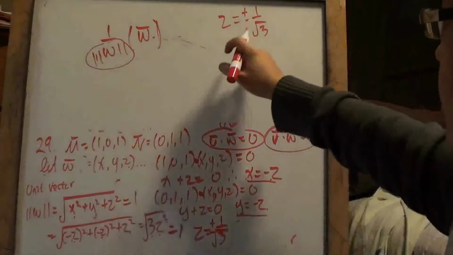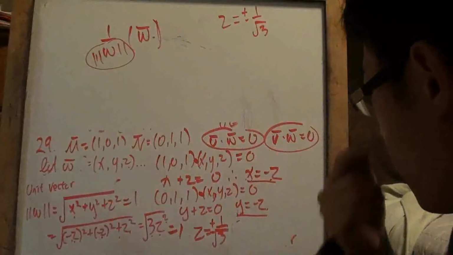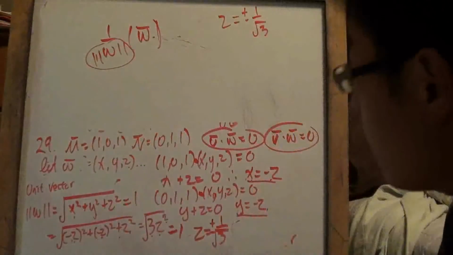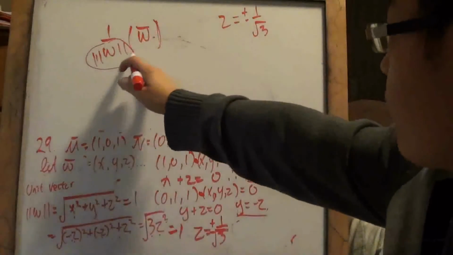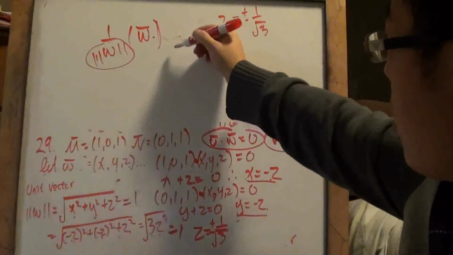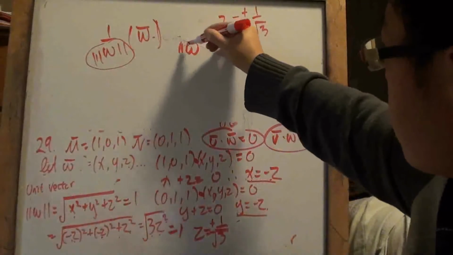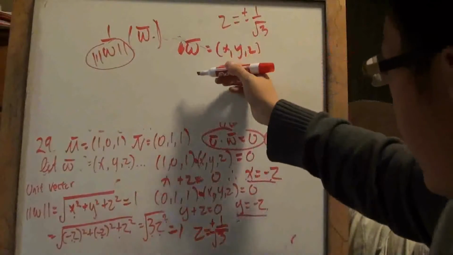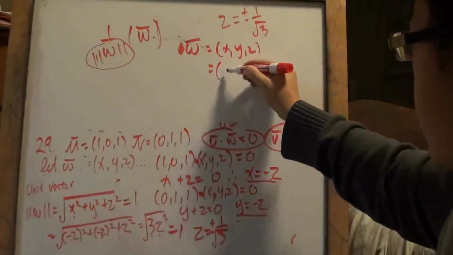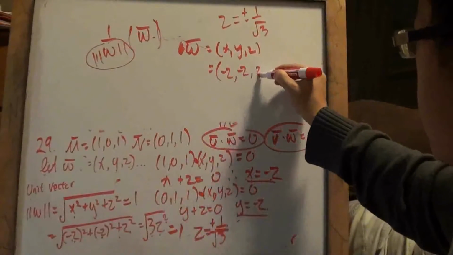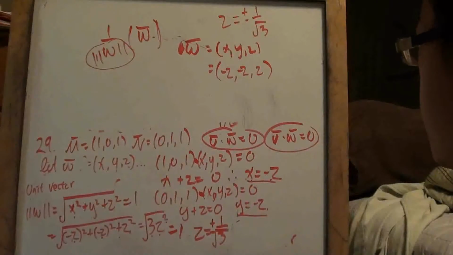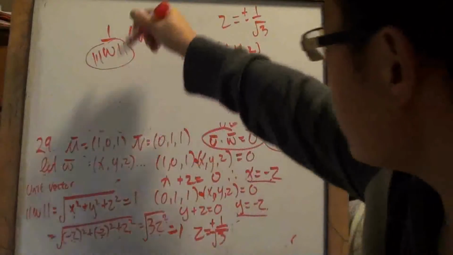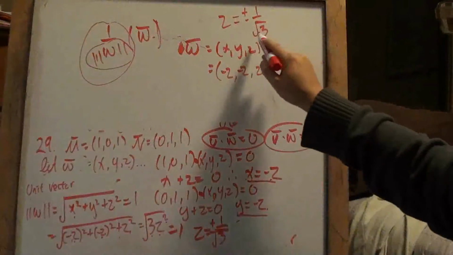Now that we have this, we're going to try to get the unit vector. Remember, the vector w was x, y, and z, but in reality, we can change that so that it becomes negative z, negative z, and z.